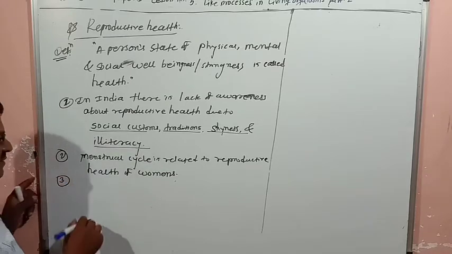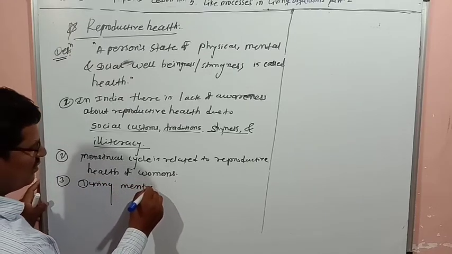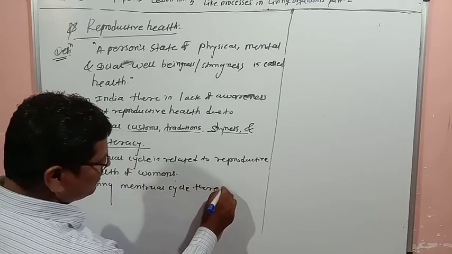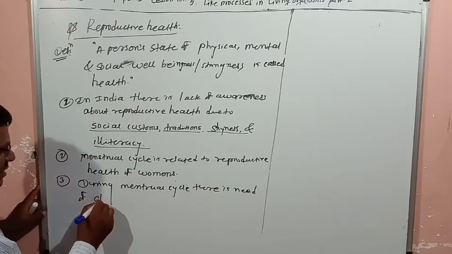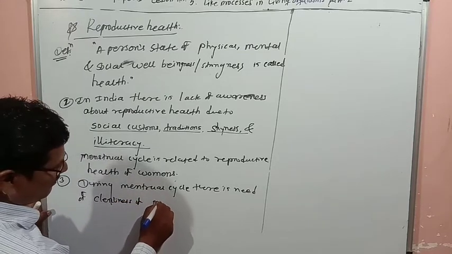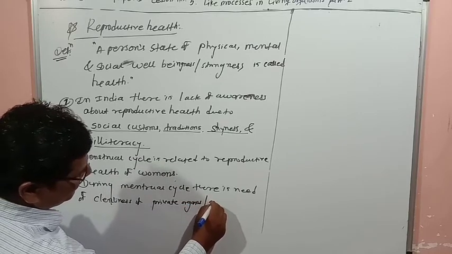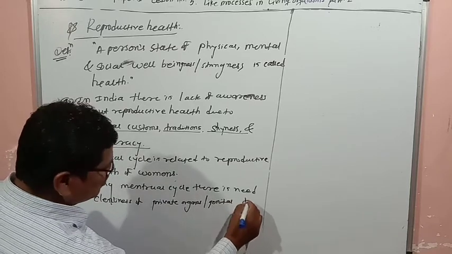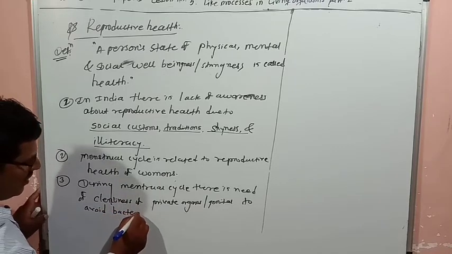Next, third point: during the menstrual cycle there is a need for cleanliness of private organs or genitals to avoid bacterial infections.